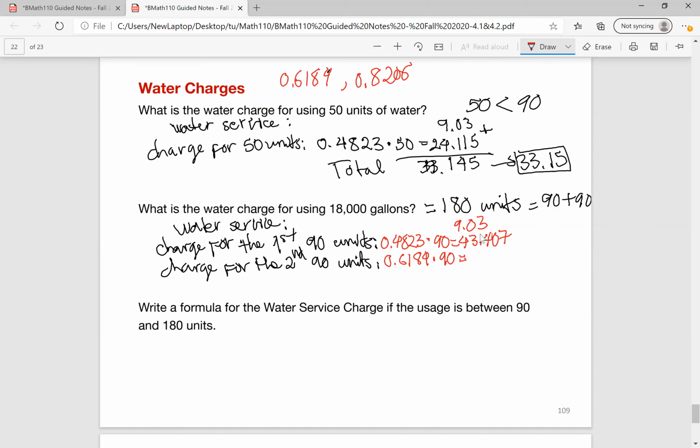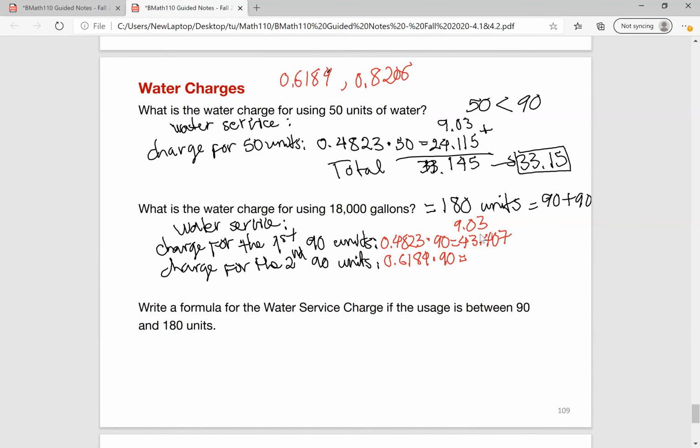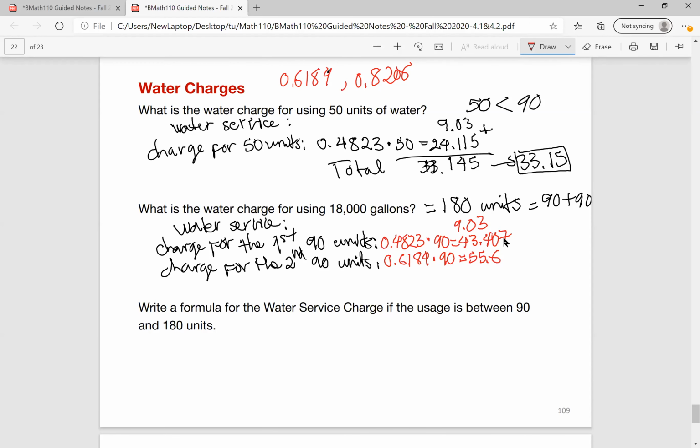Use a calculator again. 0.6184 multiplied by 90, and you have 55.656.